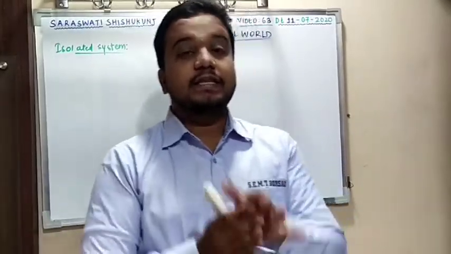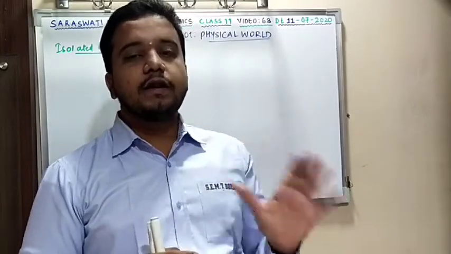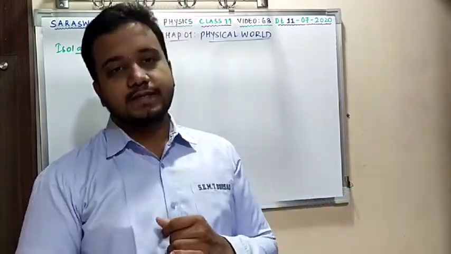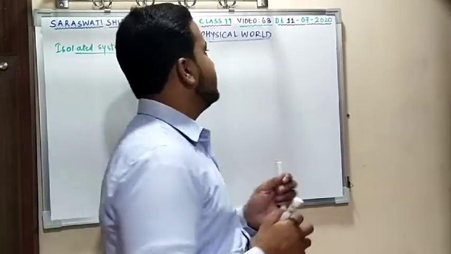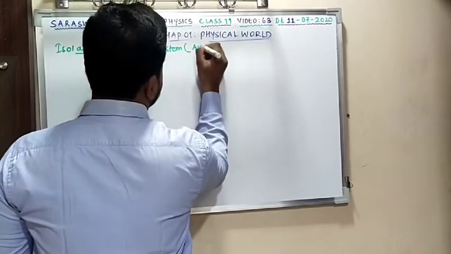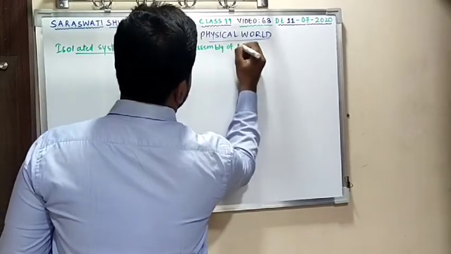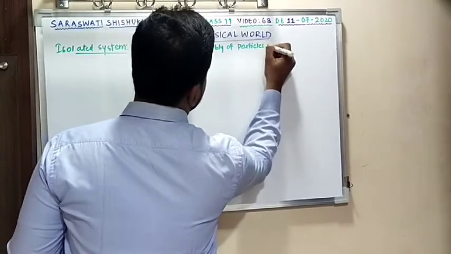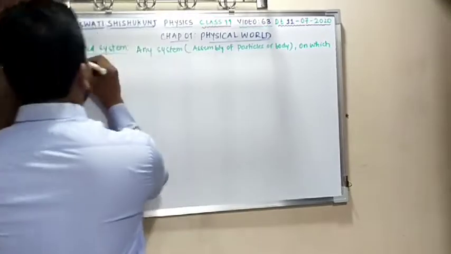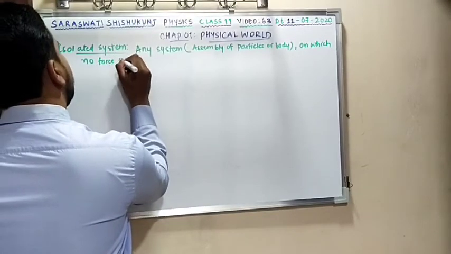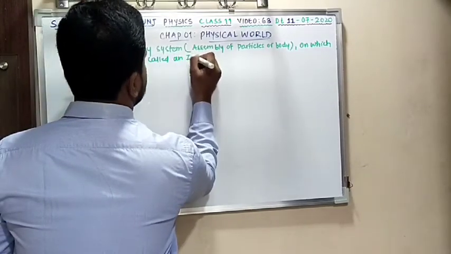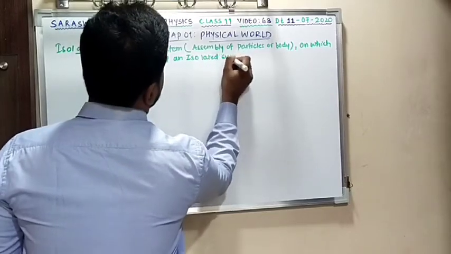Any system, that is an assembly of particles or bodies, on which no external force acts, is called an isolated system. Is this clear?